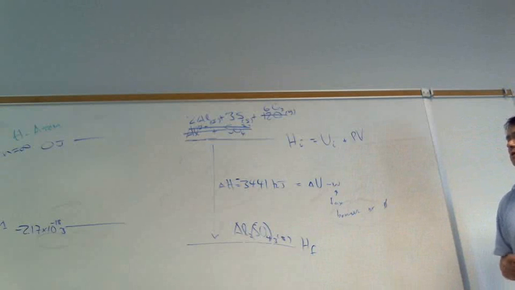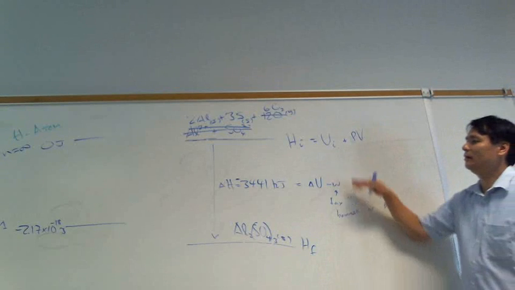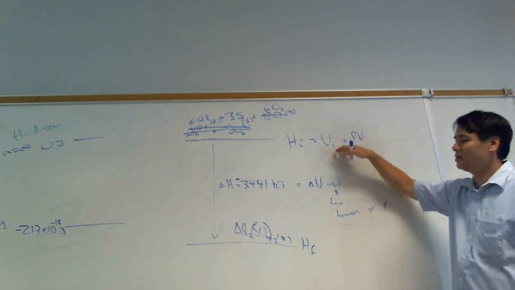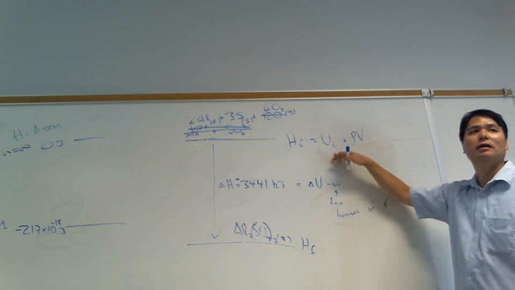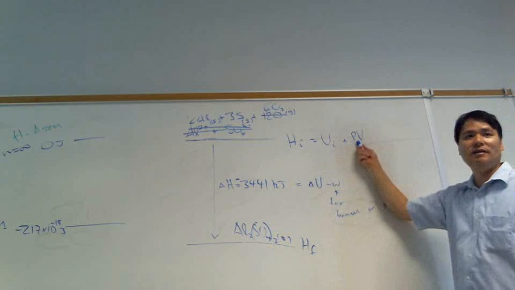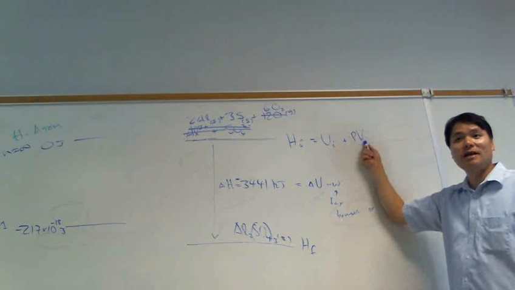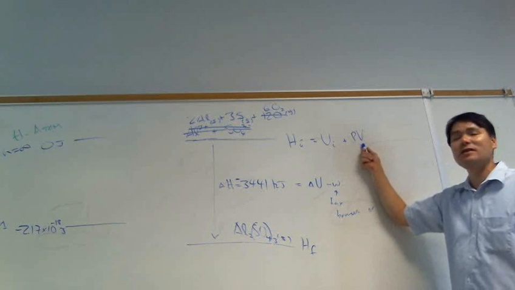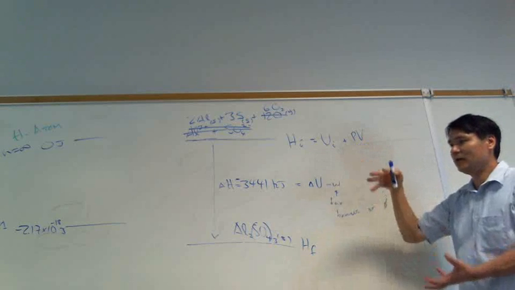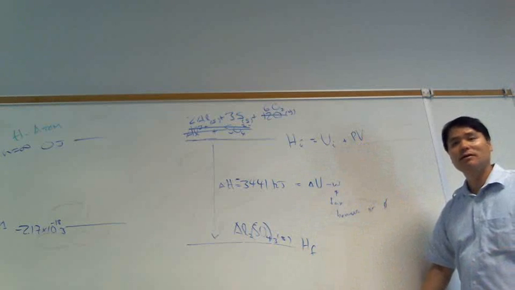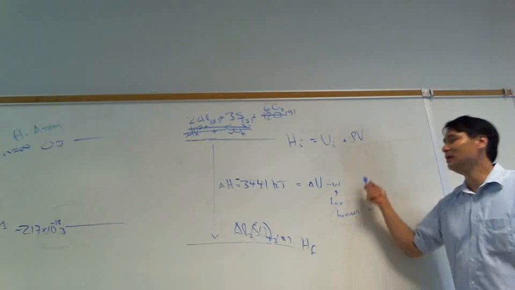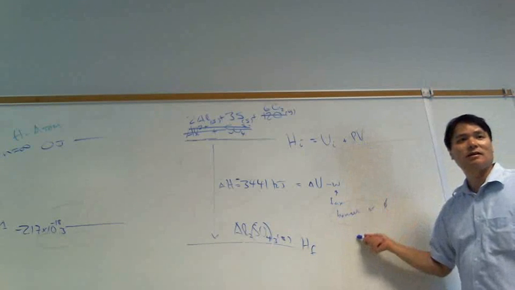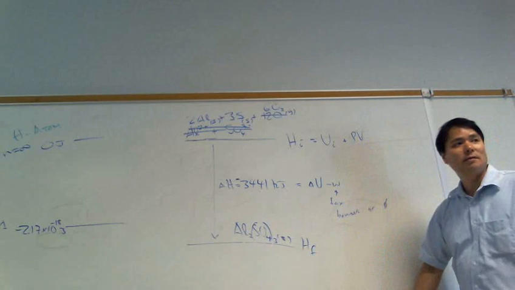In other words, when I think about enthalpy, the enthalpy change is the change in total energy, keeping track of the PV state. The PV is an energy state, and this tells us how the system is going to interact with the surroundings. Is it going to get taxed? Is it going to get a bonus from the surroundings? We need to understand the PV state in order to deal with that.